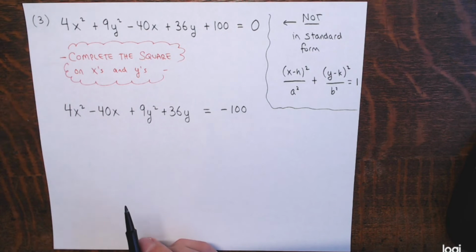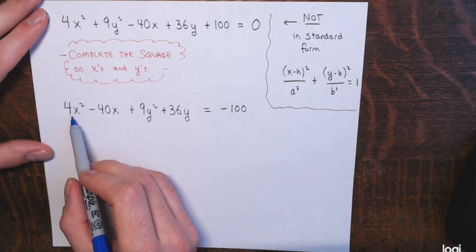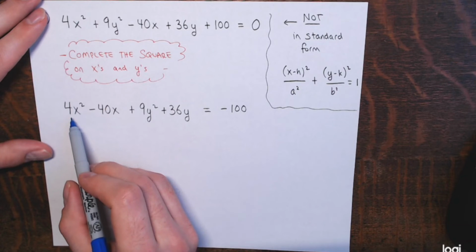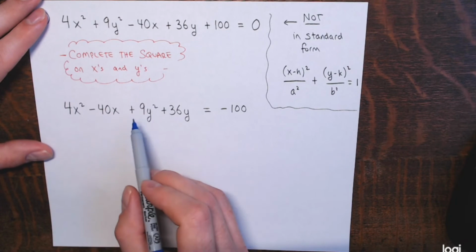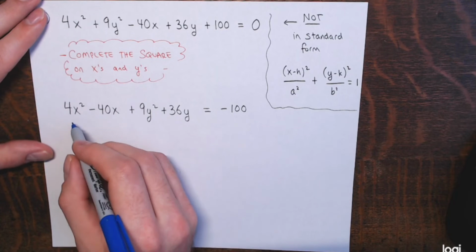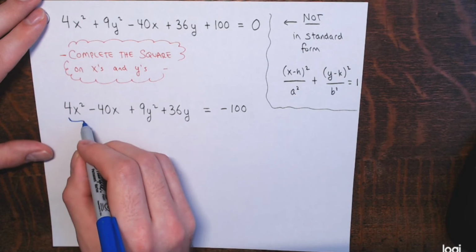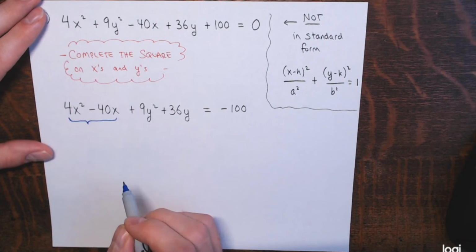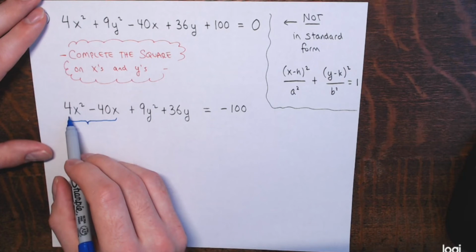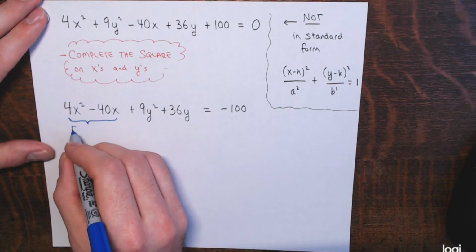Now, remember to complete the square, the lead coefficient, the coefficient of the squared term, needs to be 1, not 4, and not 9. And we're going to do these x's and y's separately. So from the x terms, it's very easy to fix that. If I want to turn this 4 into a 1, I just need to factor out a 4.